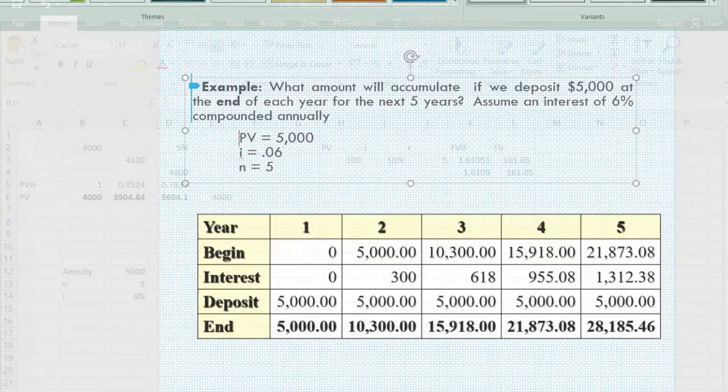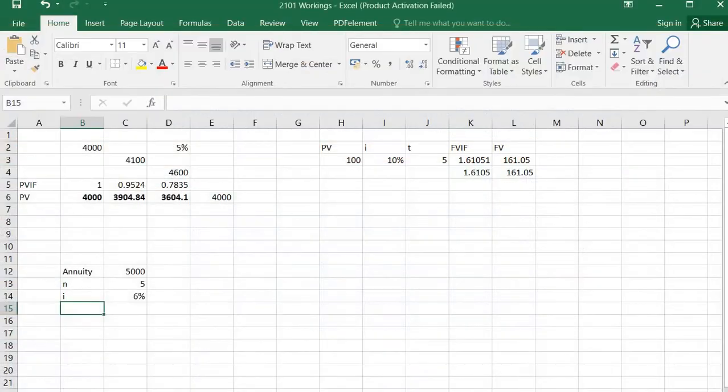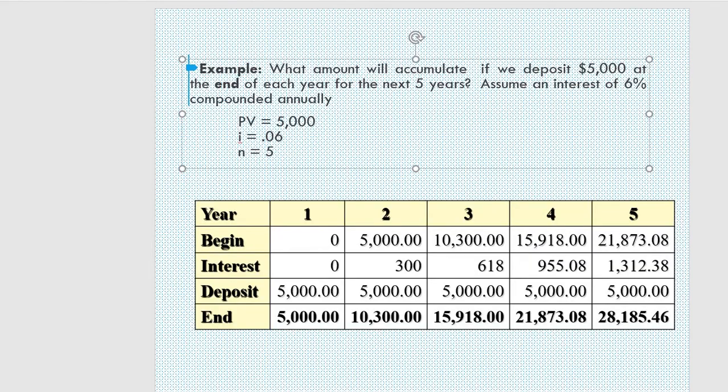What else do we need there? N is 5, I is 6%, that one. Okay. What is our future value interest factor of an annuity? For 5 years, at 6%. Is that correct? So we have that one.